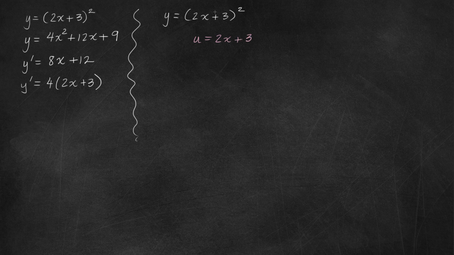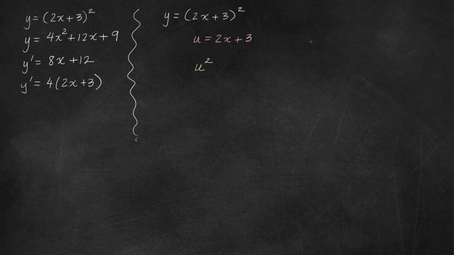Since it's not just x that's being squared, it's some other stuff that's being squared, my inside function is that other stuff, u equals 2x plus 3. And then I have my outside function, which is that stuff squared, u squared. If u equals 2x plus 3, then we can come up to the original function and replace the 2x plus 3 with u. So I get u squared as my outside function.